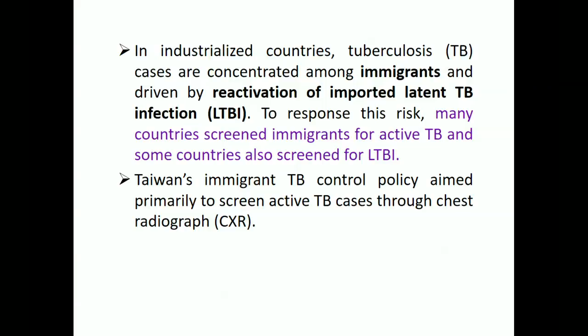In industrialized countries, tuberculosis cases are concentrated among immigrants and driven by reactivation of latent TB. To respond to this risk, many countries screen immigrants for active TB, and some countries also screen for latent TB. Taiwan's immigrant TB control policy aims primarily to screen for active TB cases through chest radiograph for prevention.